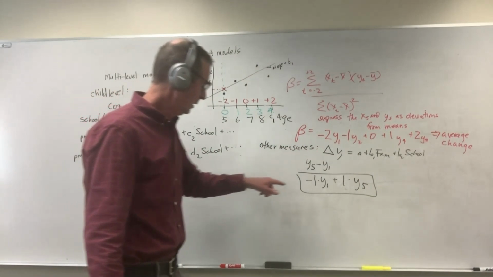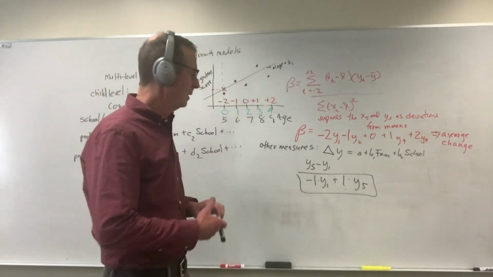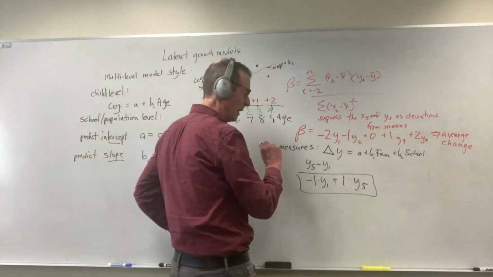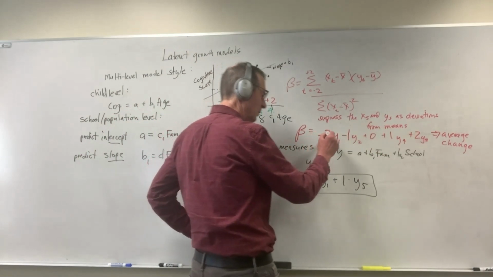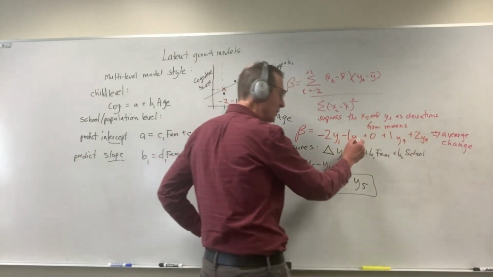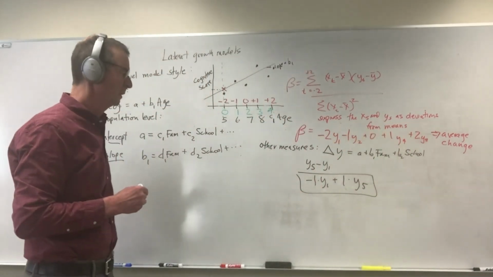We're giving all the weight to Y1 and Y5, whereas running a regression through the whole 5 observations gives a double weight to the Y1 and Y5 relative to the weight for Y2 and Y4.